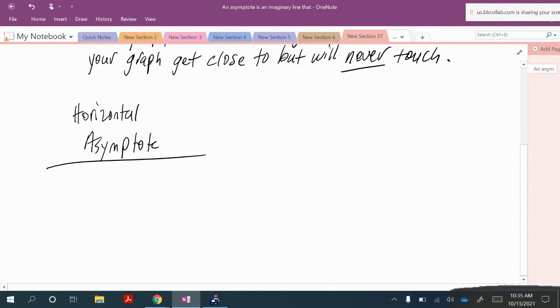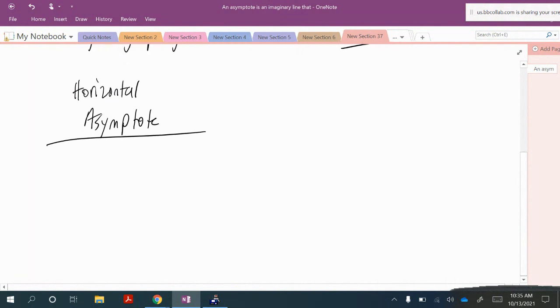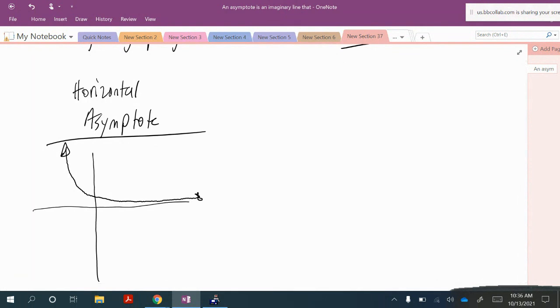I'm going to try to draw this to the best of my ability on this computer screen. So let's say we have an X and Y axis system, and let's just say this is our graph, and it does something like this. So notice that this would have what's called a horizontal asymptote.